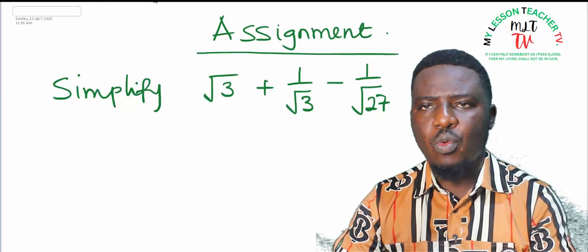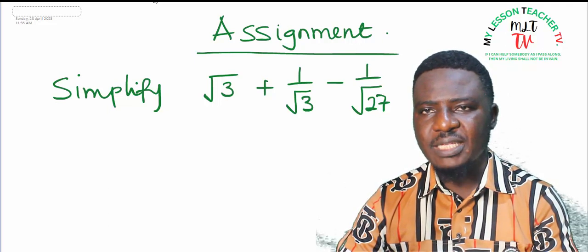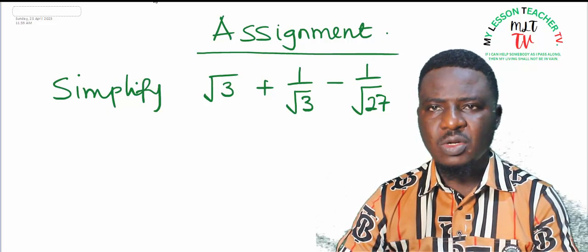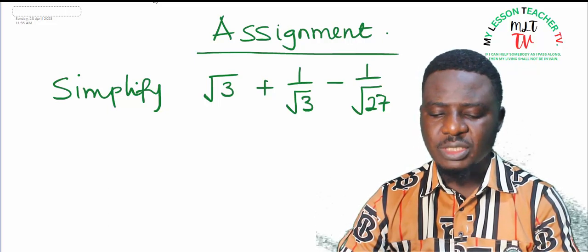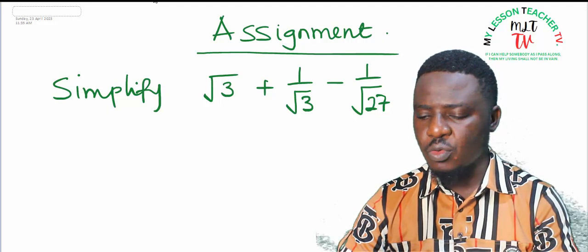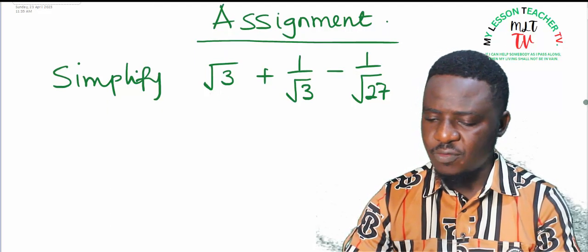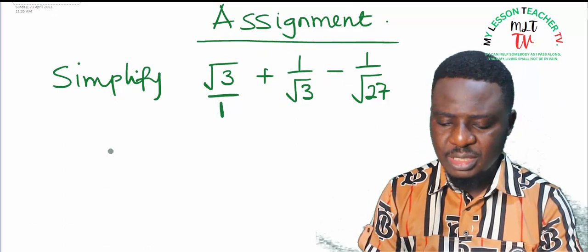Before we go into multiplication of brackets involving surds, let's look at the solution to the assignment I gave you at the last class, where you were asked to simplify root 3 plus 1 over root 3 minus 1 over root 27. So I'm going to simplify them into their basic surd forms.